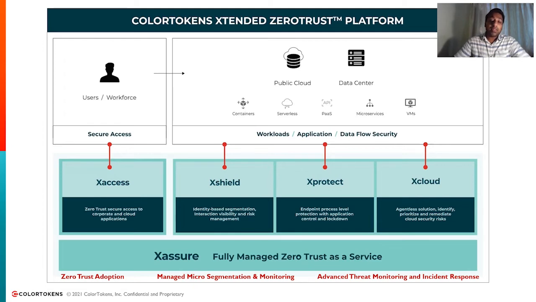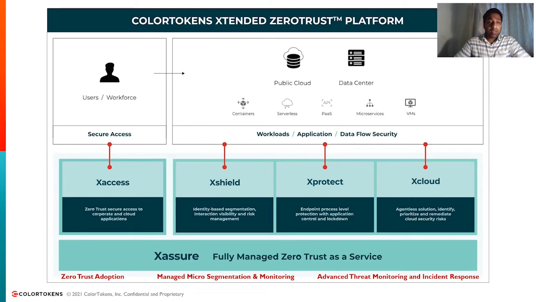ColorToken's zero trust platform includes 5 different products. As you can see, XShield, XProtect, and XCloud provide the security for applications hosted in the public cloud as well as on-premise.